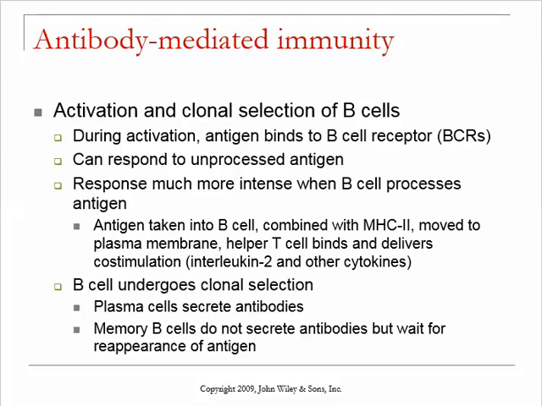Now, an activated B cell, the action part that's going to make the antibodies, is called a plasma cell. So the B cell morphs into what's called a plasma cell.